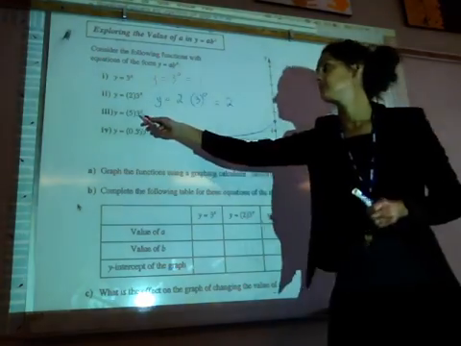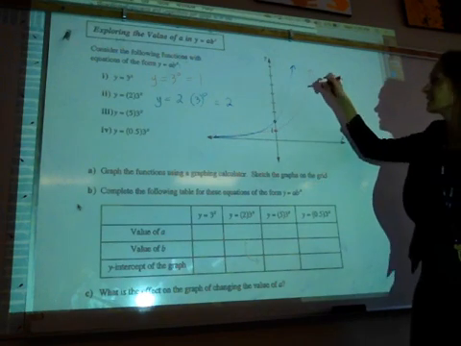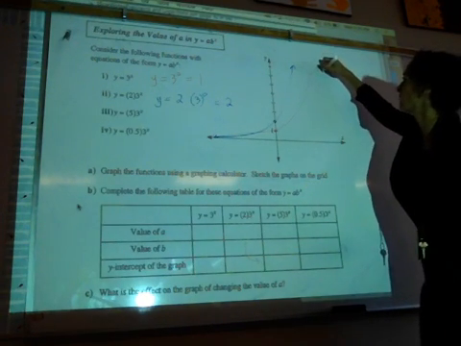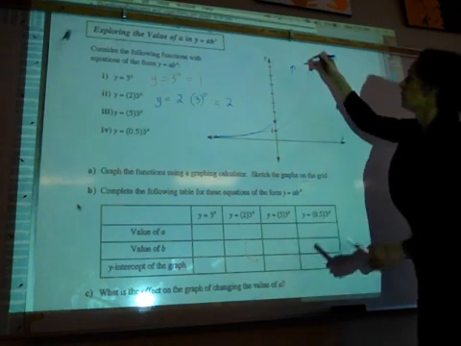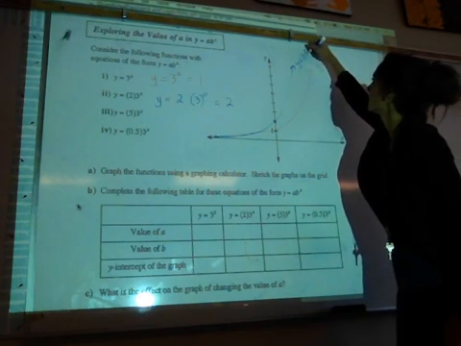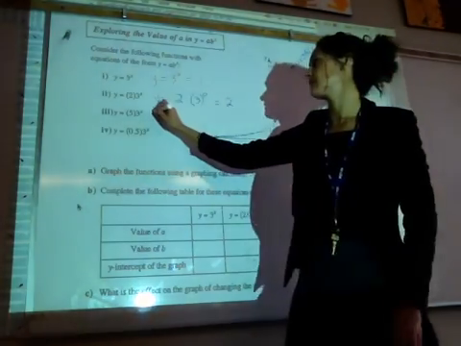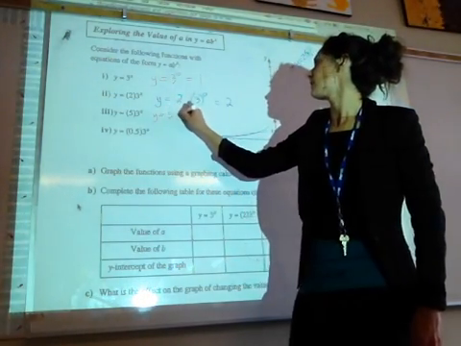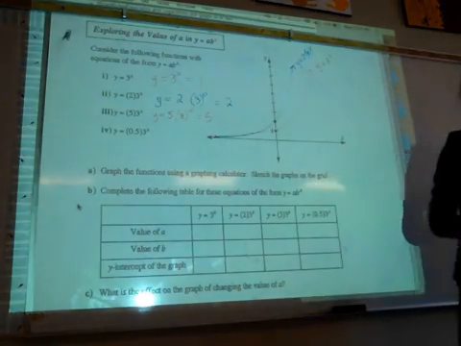Okay, next one. Any guesses what the y-intercept might be? 5, very good. Should probably label these. Y is equal to 3 to the power of x. Y is equal to 2 times 3 to the power of x. Next one, again, if we subbed in 0 for x, we would get our y-intercept of 5.